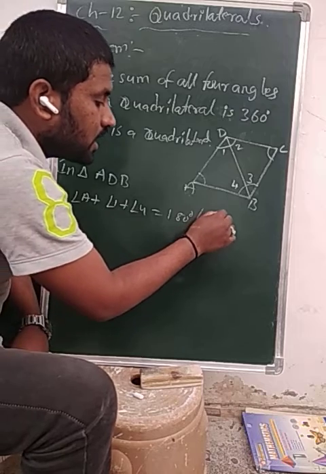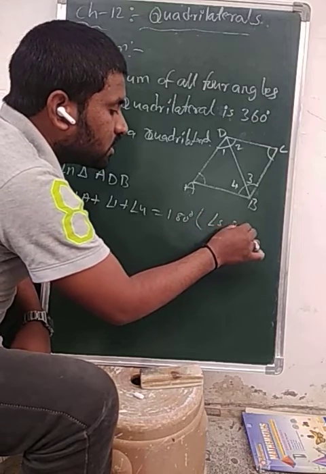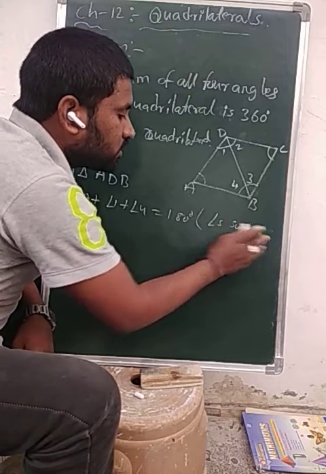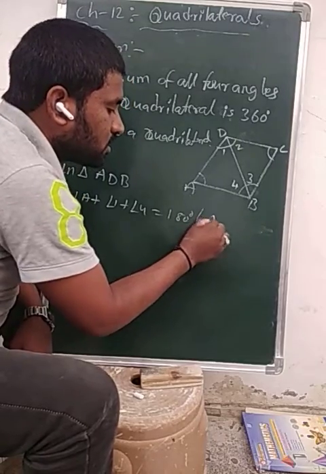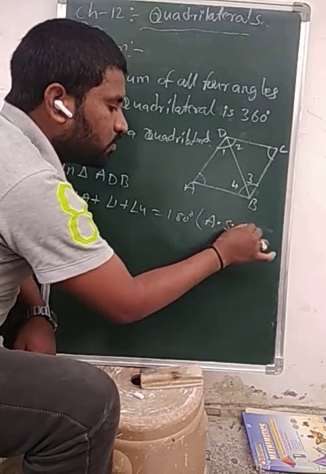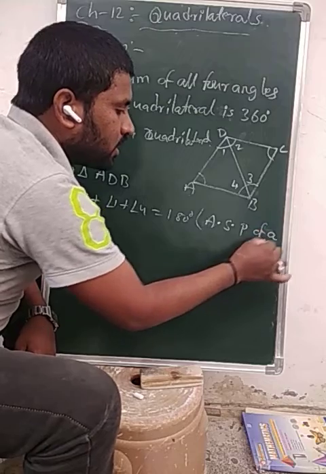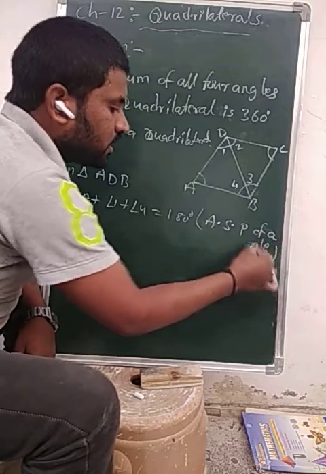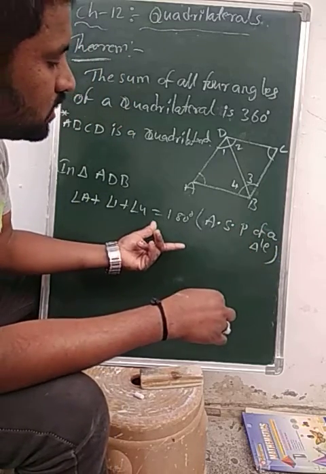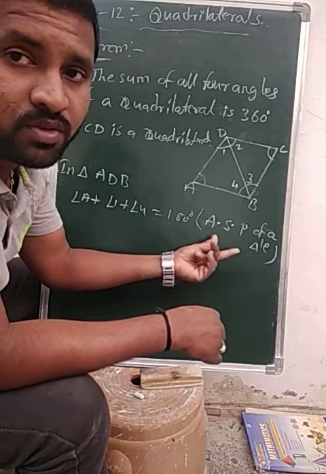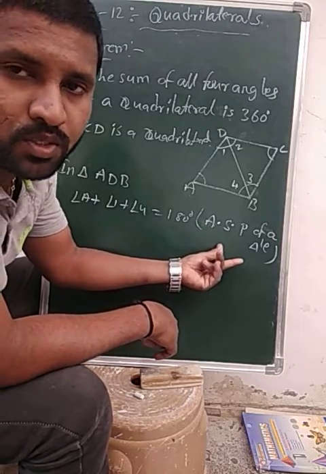This is the angle sum property of a triangle. Already we learnt this property in chapter 5, triangle and its properties.